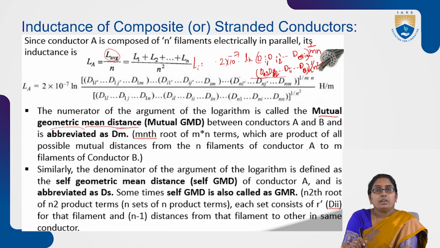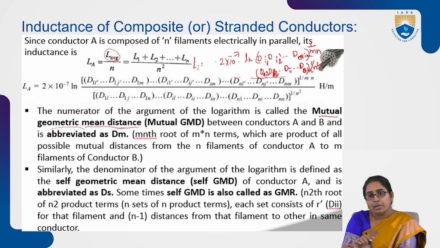It is called mutual GMD because it is given between the conductors A and B. It is abbreviated as DM, and defined as the Mnth root of Mn terms, that means the product of all mutual distances between the conductor A filaments and the conductor B filaments.